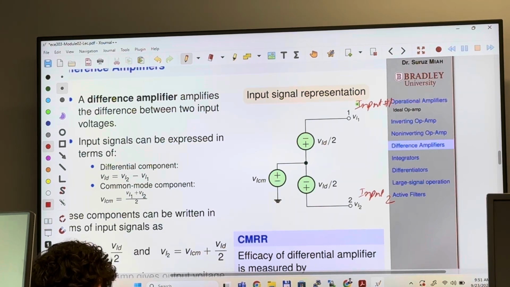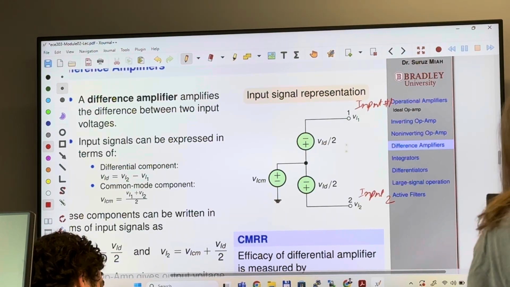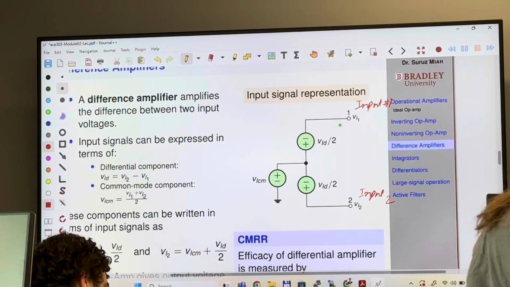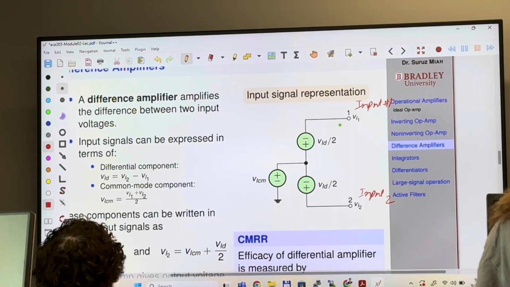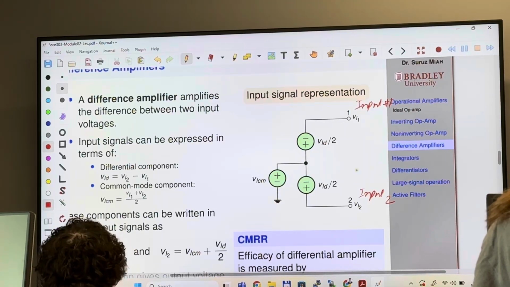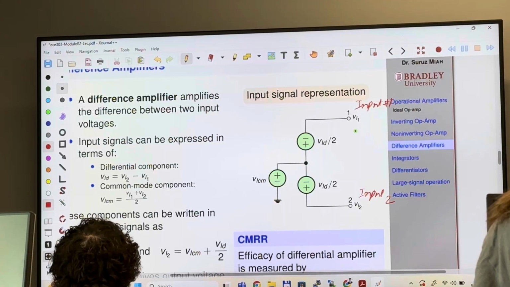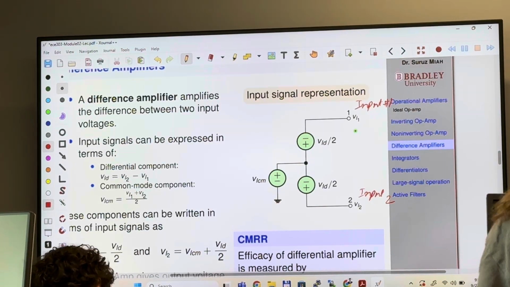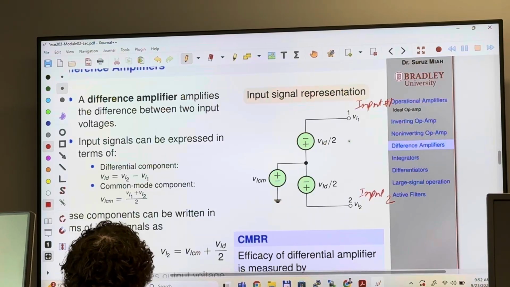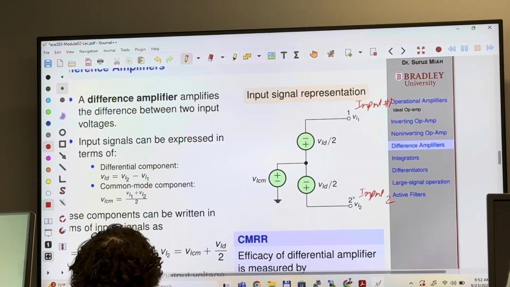Now, what we want to do is amplify the difference between these two inputs. Is that simple enough, guys? We want to amplify the difference between these two inputs, but we want to reject the noise coming from the signal that is common to both inputs.